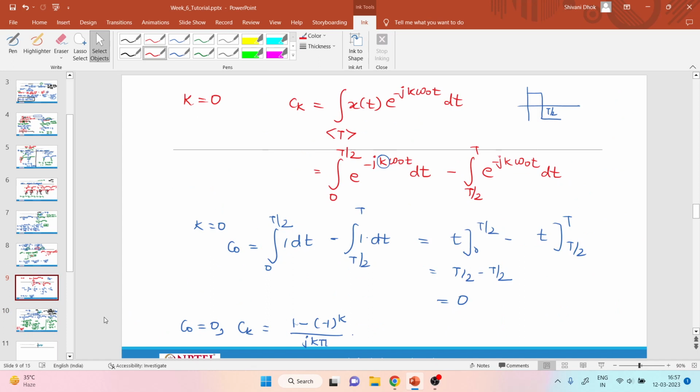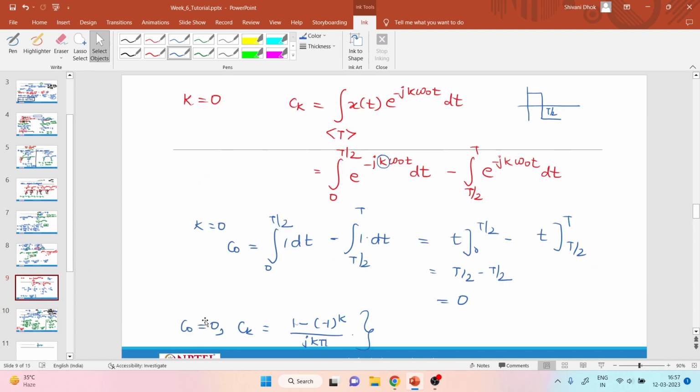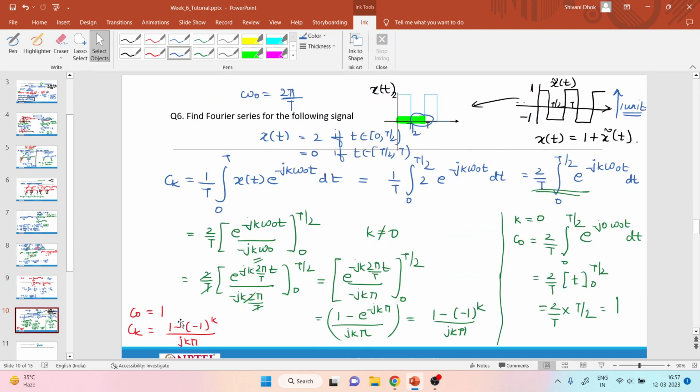Now look at this equation, these Fourier series coefficients. These are the Fourier series coefficients for the case of x tilde t, and these are the Fourier series coefficients for xt. The only difference is here c0 was 0 and here c0 was 1.